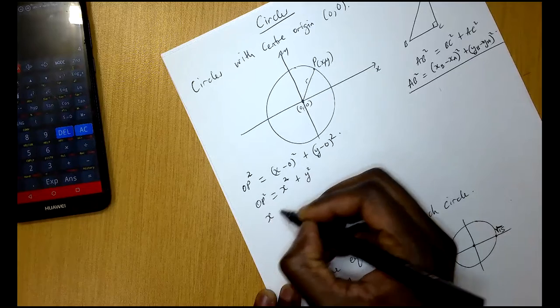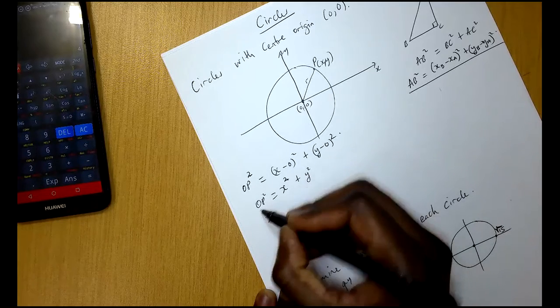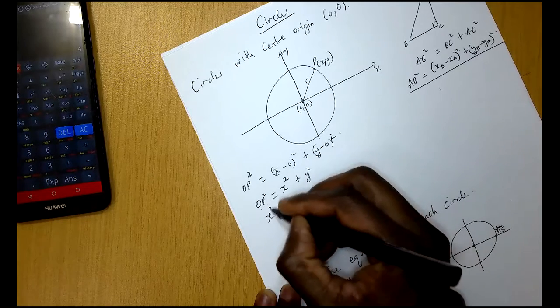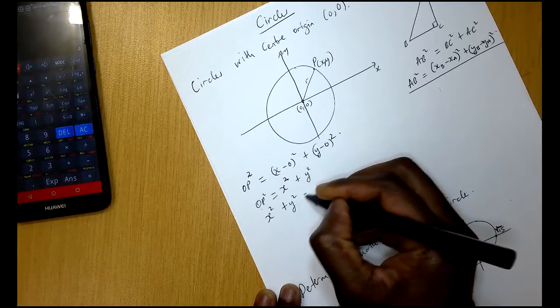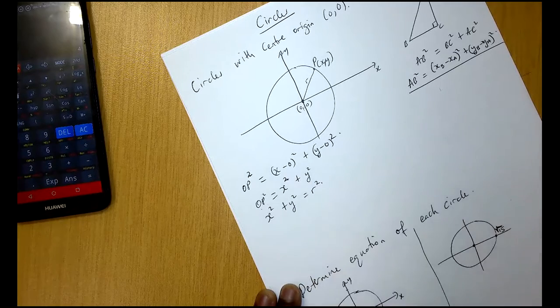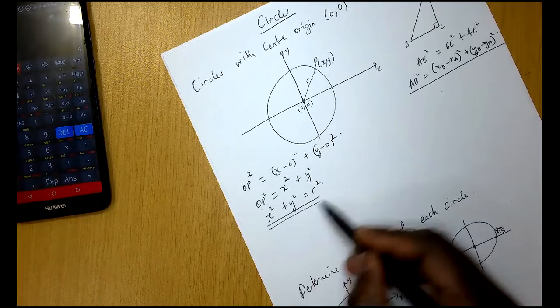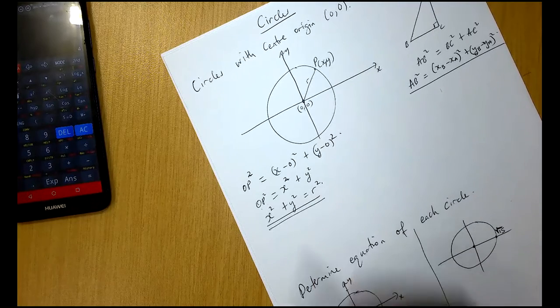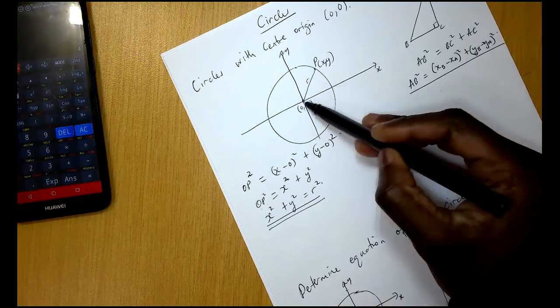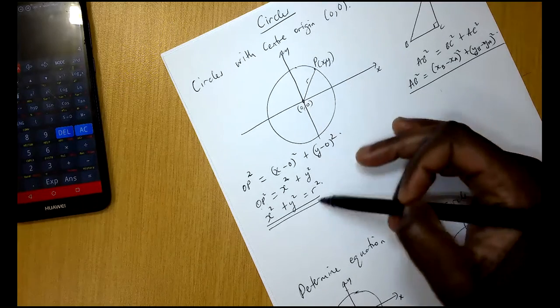OP is equal to R, so X squared plus Y squared is equal to R squared. This becomes the standard equation of a circle when the center is 0, and R is the radius. Remember, the distance from the center to the circumference is called the radius.